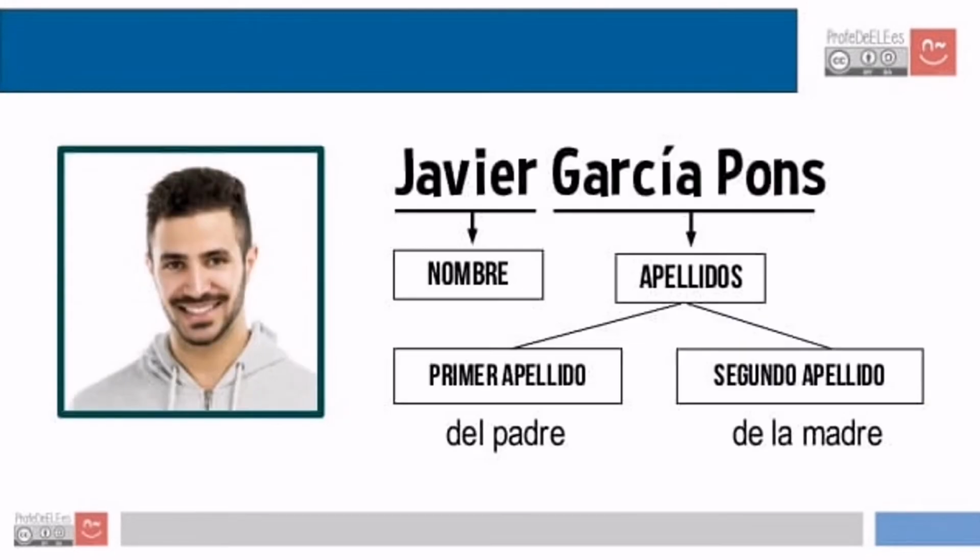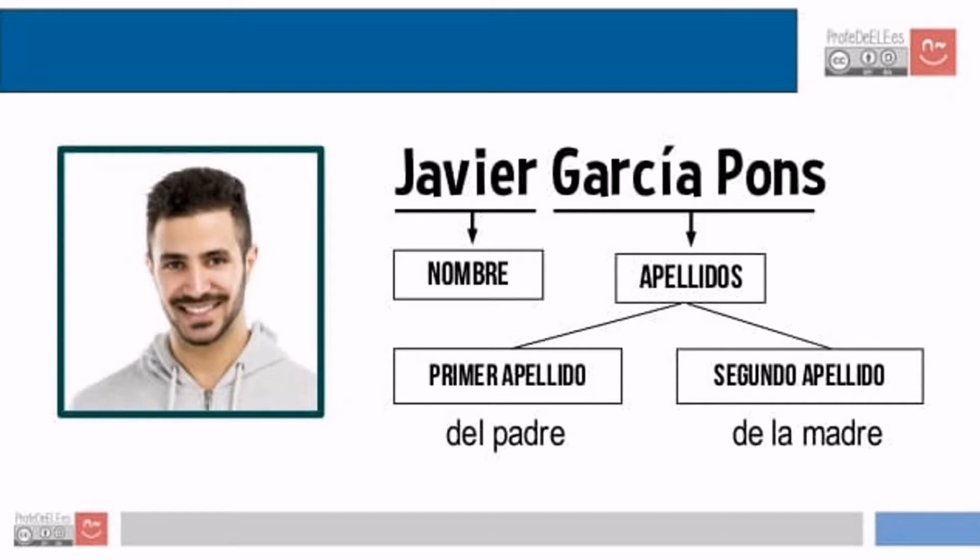A little fact about Spanish culture, I don't know what we can call it, is that they have two last names. They take the last name of their father and the last name of their mother, which is not very common in a lot of other countries. So this person's name is Javier Garcia Pons. Javier is el nombre. El nombre means name, so Javier is his name.